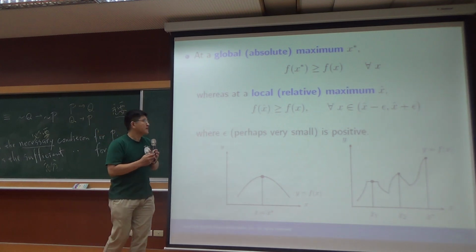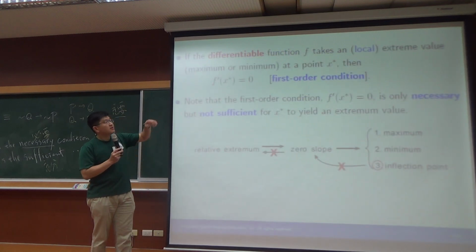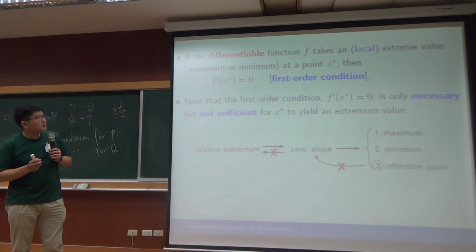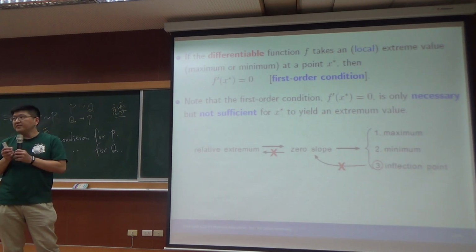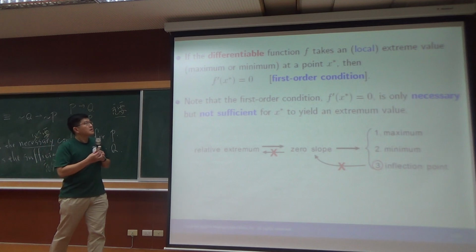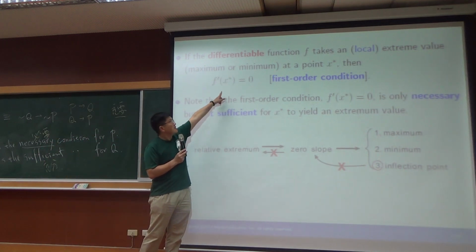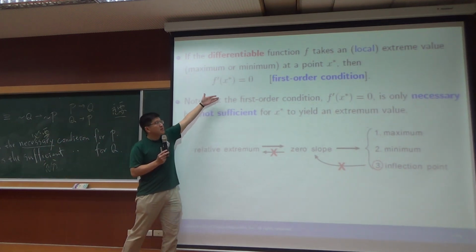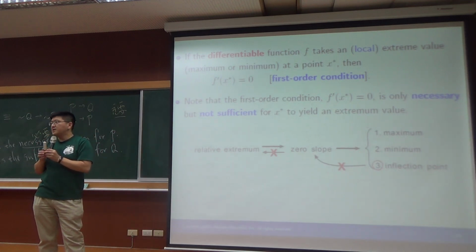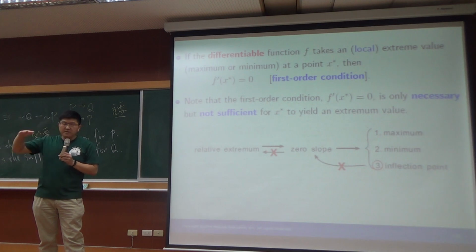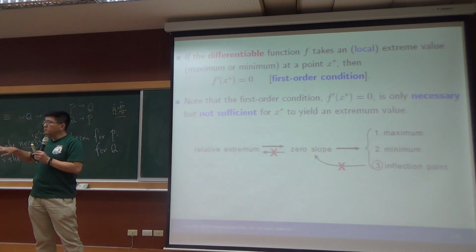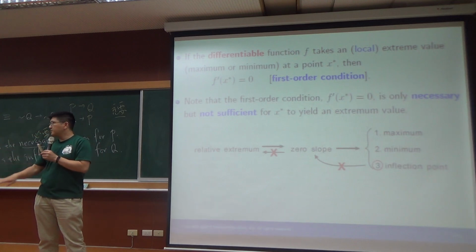Okay? So with a differentiable function, and we want to say a local extreme value, be it maximum or minimum, at a point x star, this condition, the first order condition, must be satisfied. Because either at a maximum the slope is 0, or at a minimum the slope is 0, right?